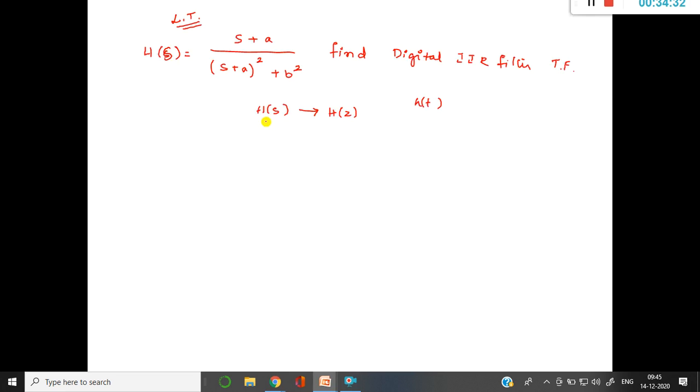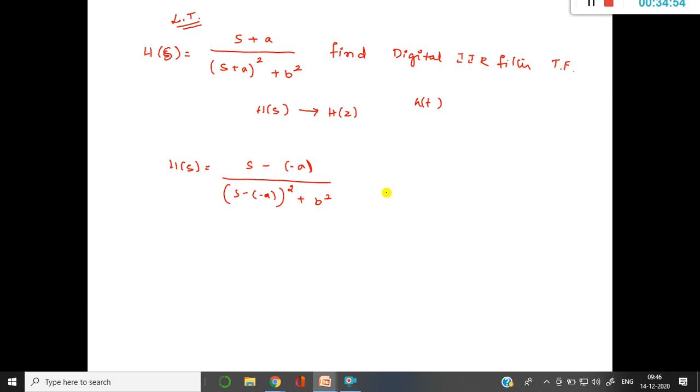In this case I can write my equation as H of s is equal to (s minus of minus a) divided by (s minus of minus a) whole square. So now this is in my standard Laplace transform form, right?